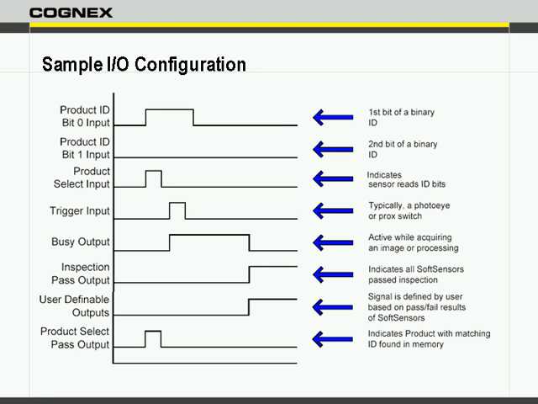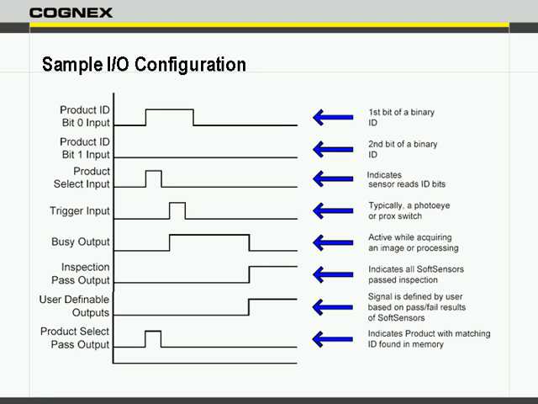Bit 1 has not gone high, so there is 0. 1 plus 0 is 1, so I would be selecting product ID 1. If this one were to go high, I would be selecting product 2 if this one is low, and product 3 if both went high.